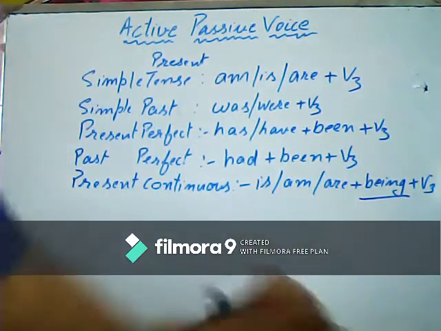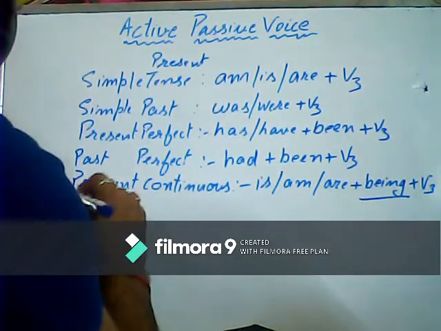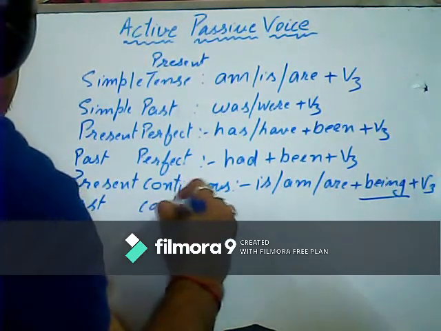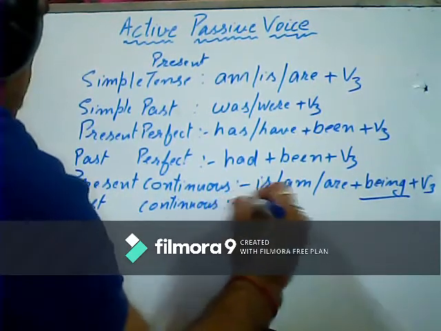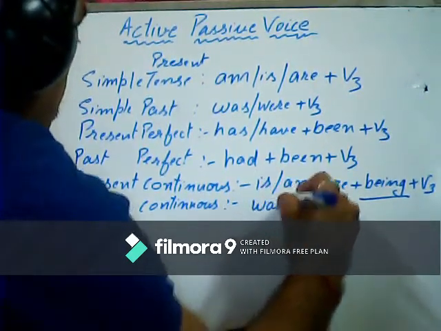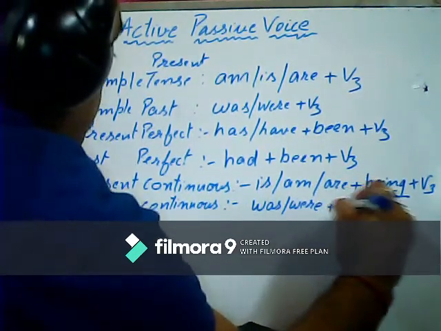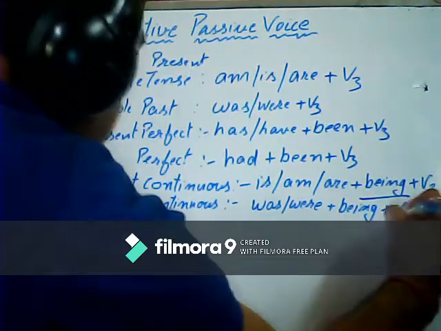Now in past continuous, as usual we'll use was, were plus being plus the third form of the verb.